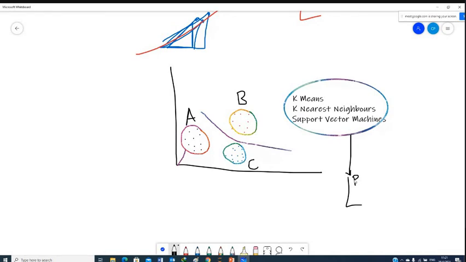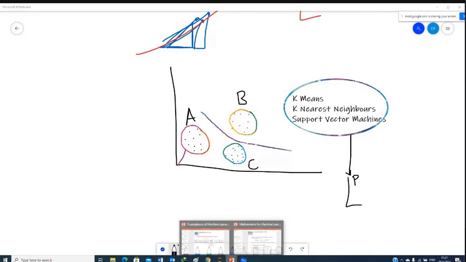Is this clear? We're going to go into detail when we're talking about each one of these algorithms. But this is just explaining why you need to understand the LP norm.